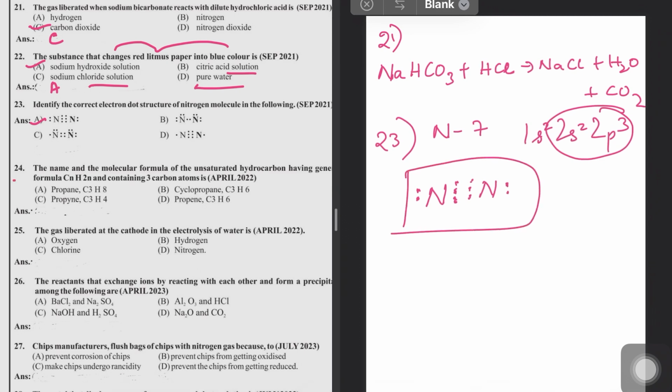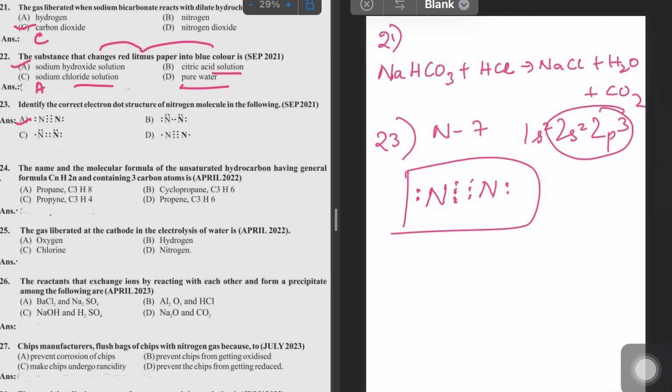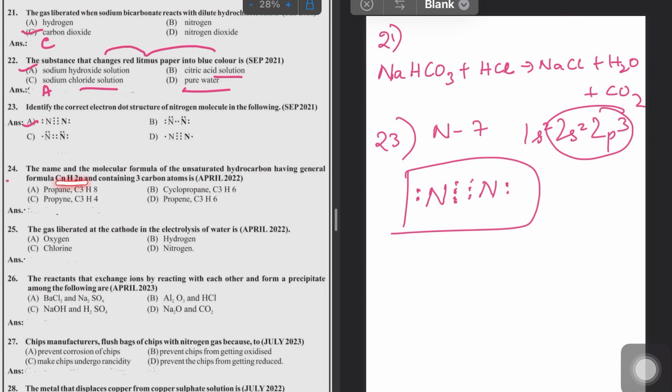The name and the molecular formula of the unsaturated hydrocarbon having the general formula CnH2n and consisting of 3 carbon atoms is. So, we should find the molecular formula of the unsaturated hydrocarbon. CnH2n should be its molecular formula, and 3 carbon atoms should be there. So, 3 carbon is nothing but prop, and it has to satisfy CnH2n.